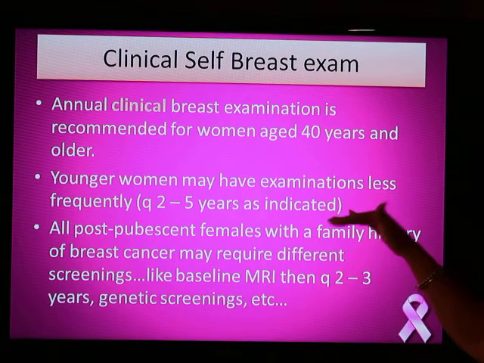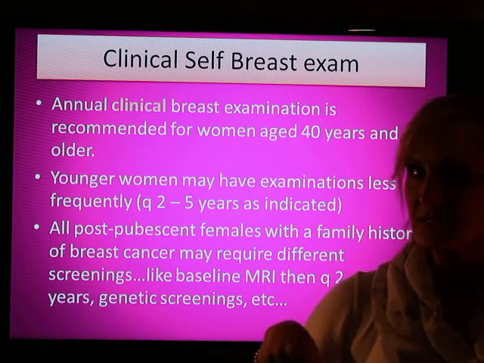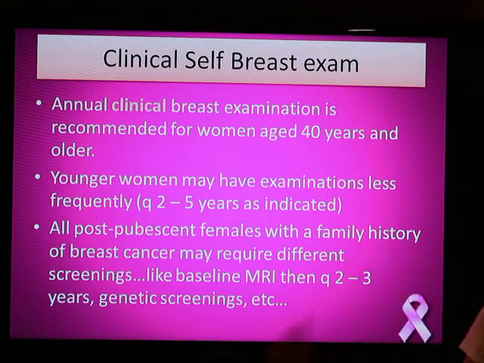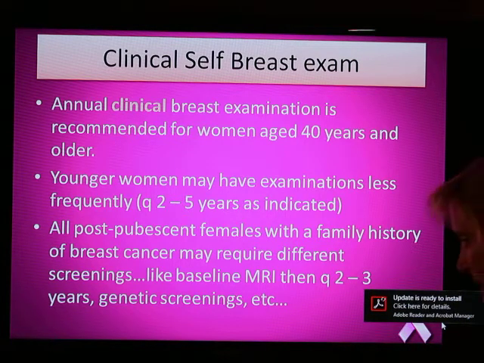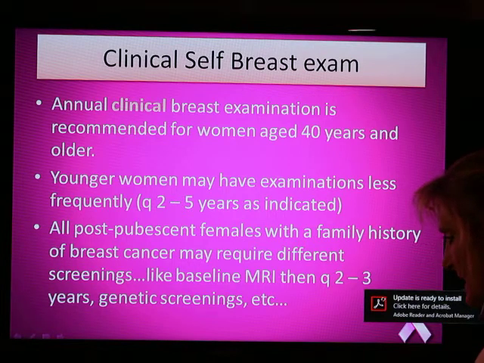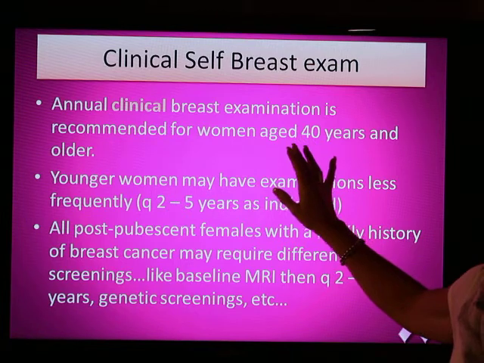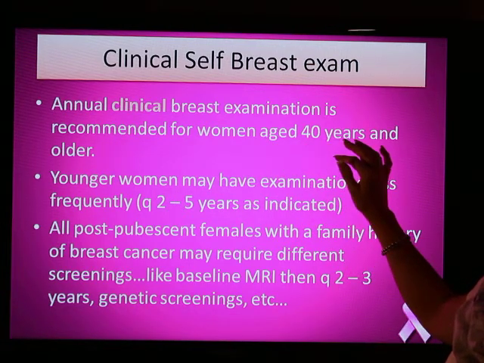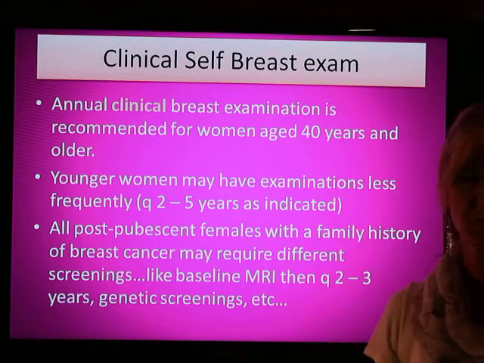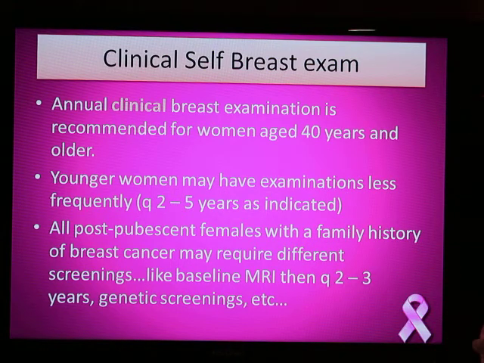So usually younger women don't need to have a clinical breast exam annually. You might want to start that a couple of times before they turn 40, but standard now, according to the American Cancer Society, is that at the age of 40, women should have an annual clinical breast exam included with their annual physical exam.